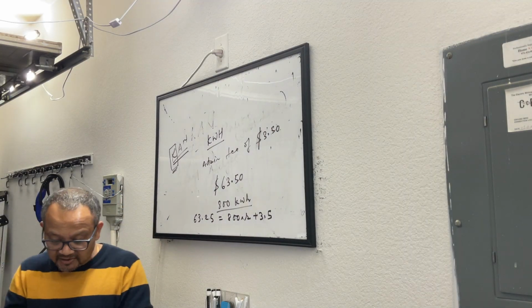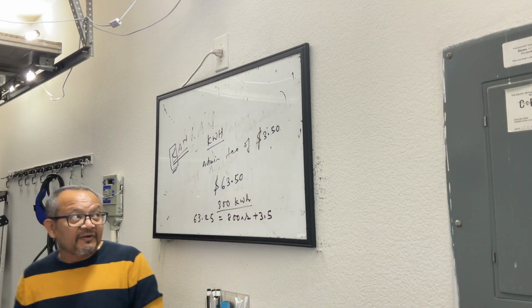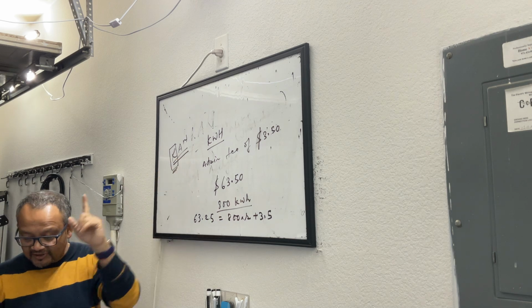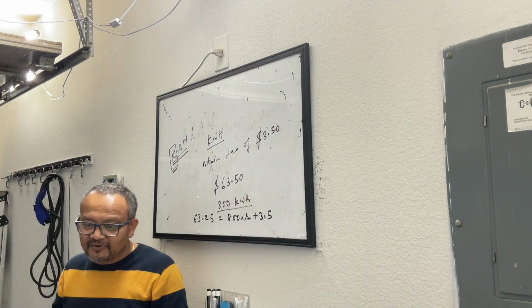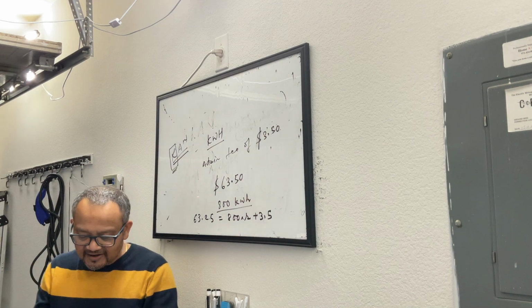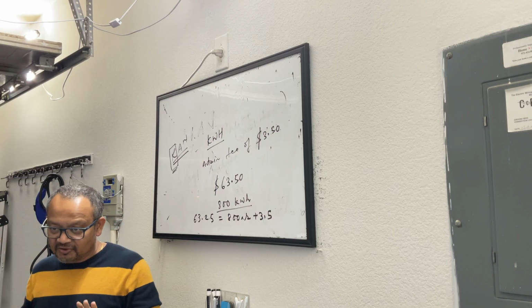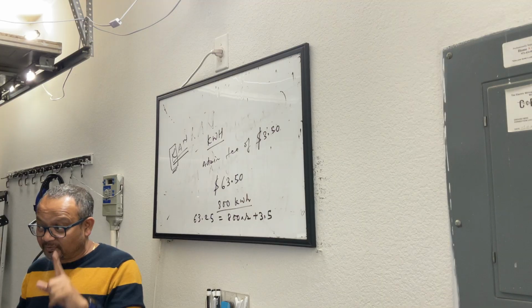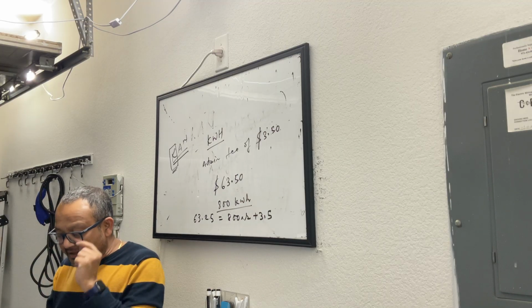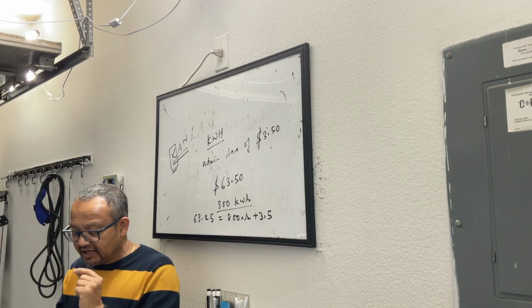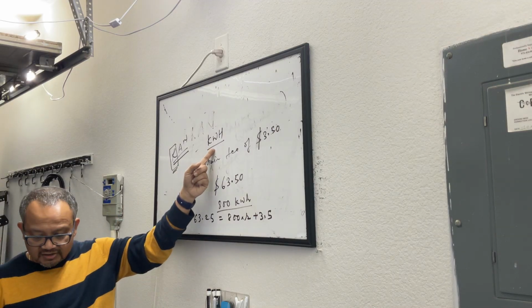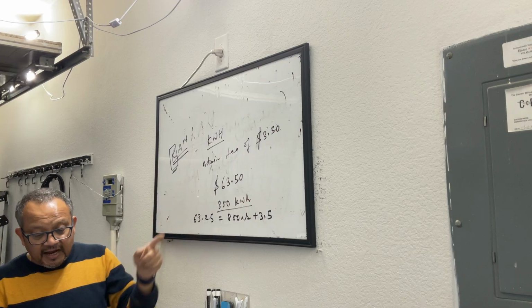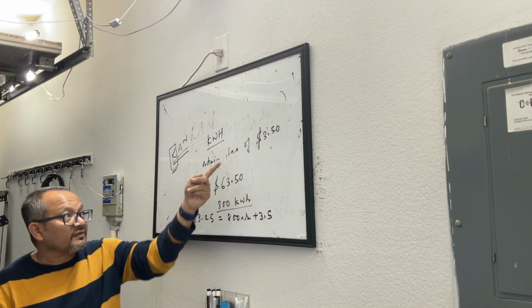Let me read it one more time. And I will prove that when you read the question multiple times, your question becomes much easier. Let me read one more time and then see where we have something that is bothering us. Not upset with me, right? I stopped you, but that was purposeful. An electric company charges a certain rate per kilowatt hour of electricity used, and an administrative fee of $3.5.